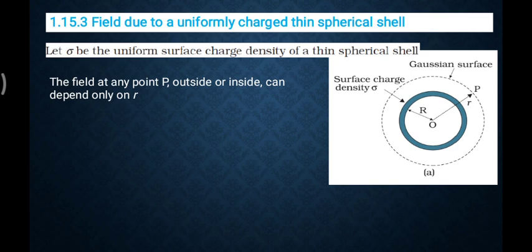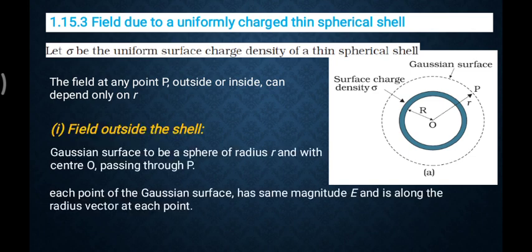All the P points, anywhere on the whole sphere, have the same electric field, because the electric field depends on the radial distance, and the radial distance of all the P's on the sphere is the same, small r. The soap bubble, or the thin spherical shell, has radius capital R.